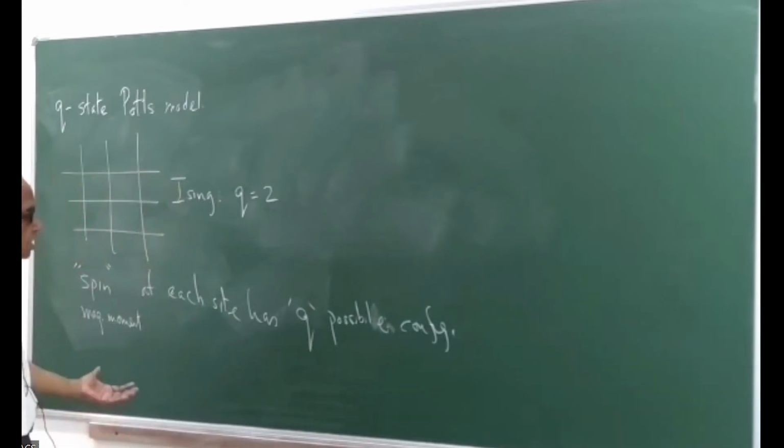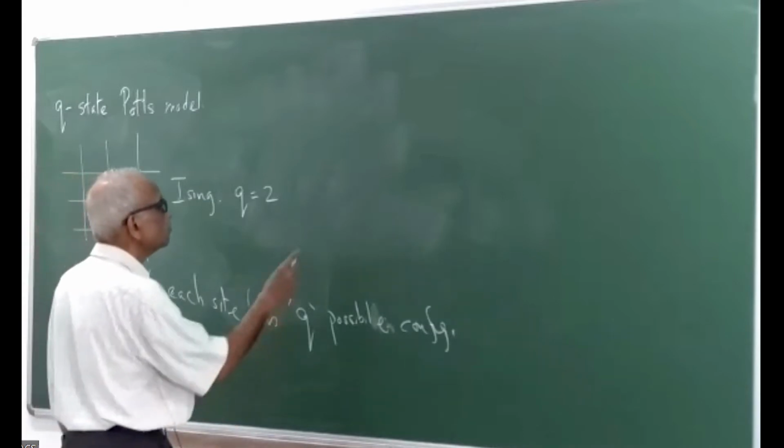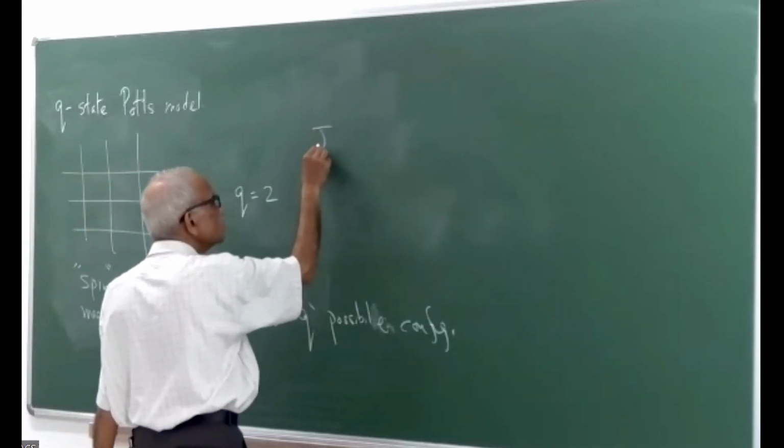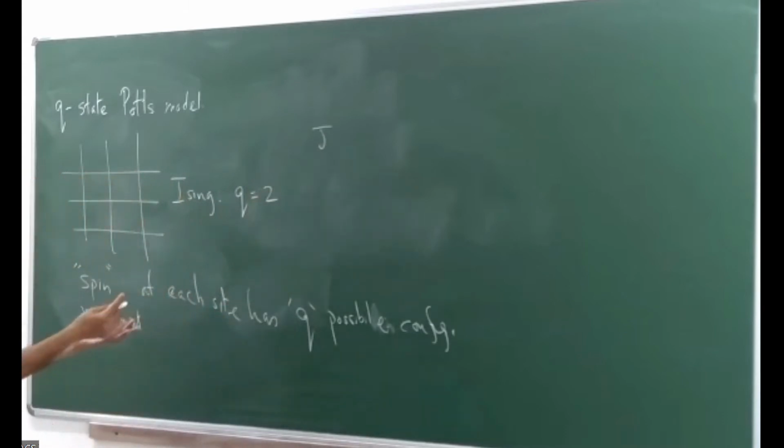If I want to write down the energy expression for it, the problem is that you have to specify the interaction between all possible pairs of these Q states. If one of them is up like this and the other is like this, that is different from one being up and one being down.